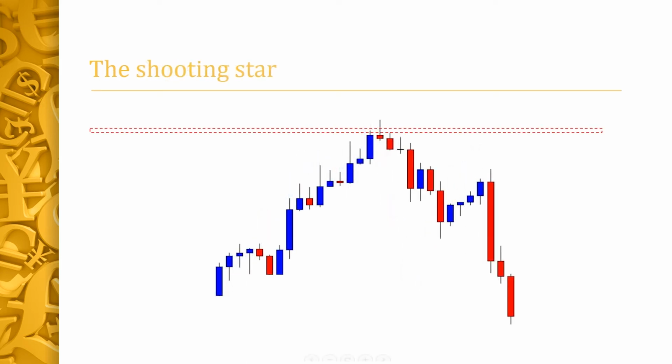The shooting star is almost the same as the evening star, but with the shooting star you get an inverted hammer, where you have a long wick that should be twice the size of the body.